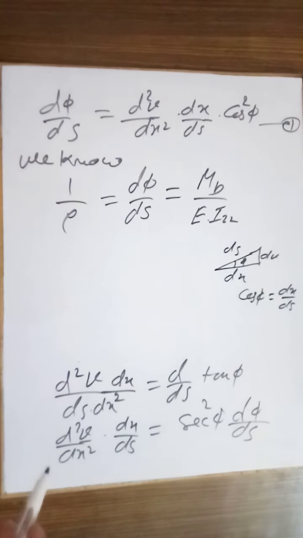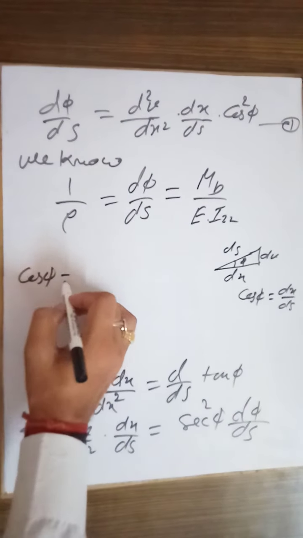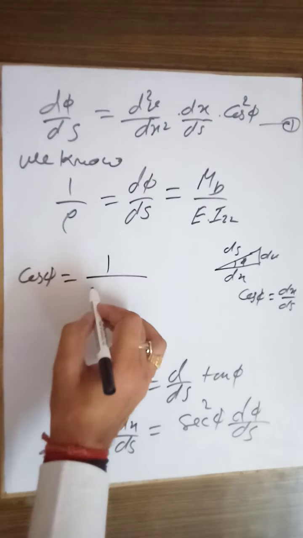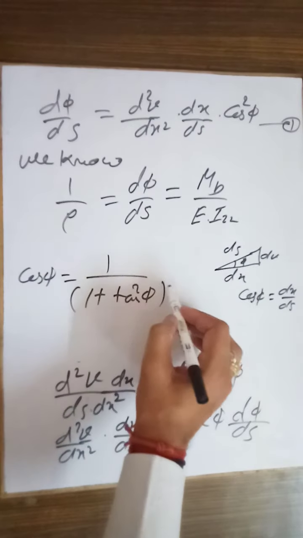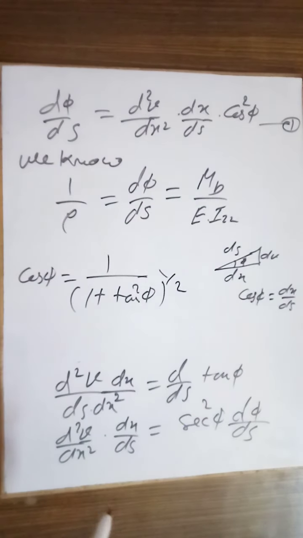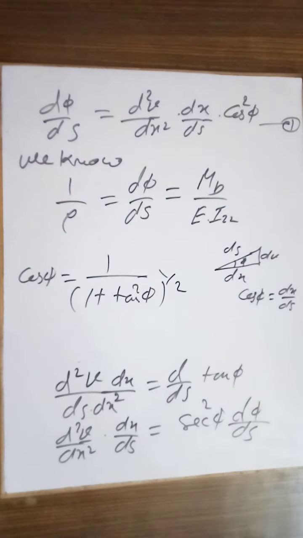By some simple trigonometry we know that cos phi can be 1 upon (1 plus tan square phi) to the power 1 by 2. So like this we can write. So we have the value of this cos phi by simple trigonometry.